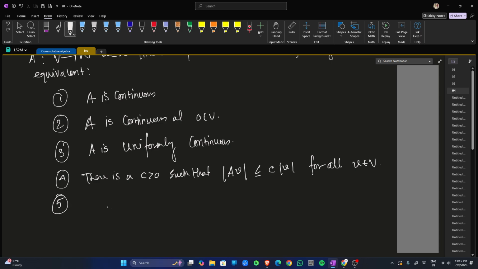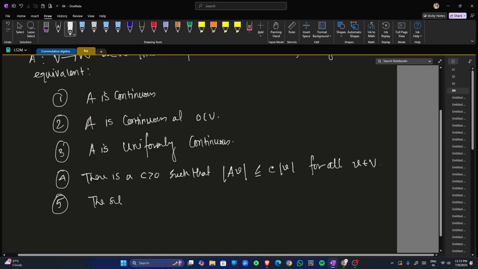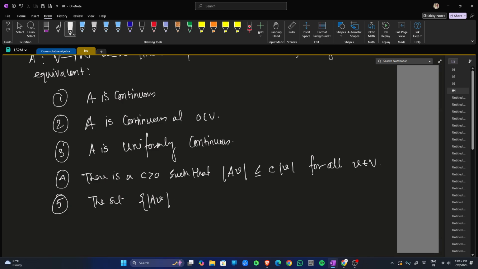Five, the set of Av, where v belongs to V and norm v equals 1, is bounded.